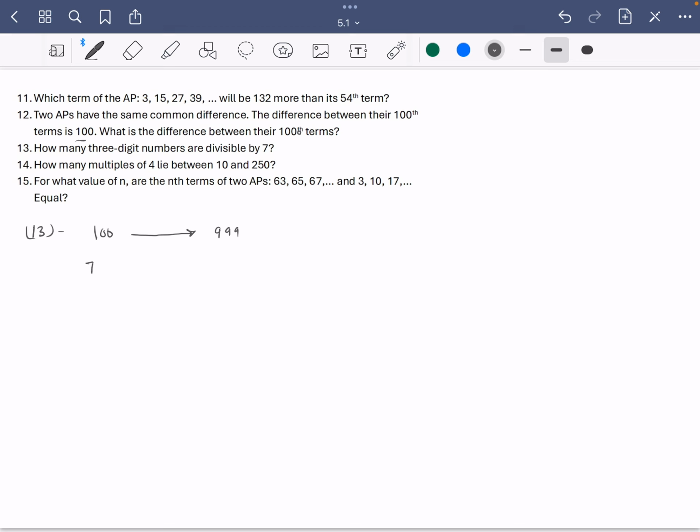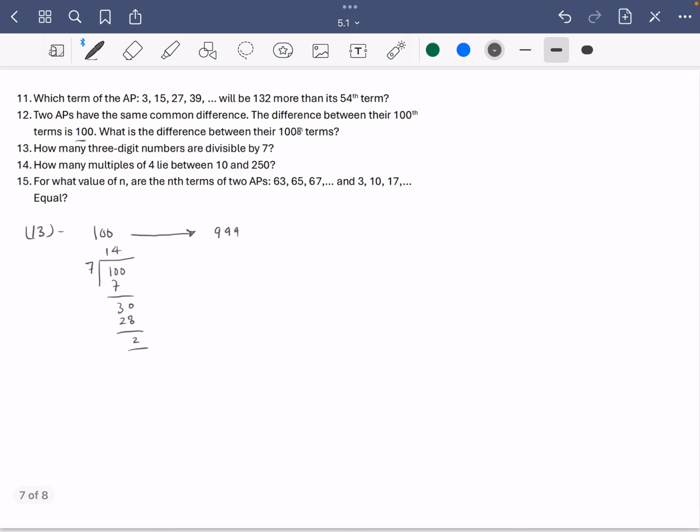So first we will divide 100 by 7. So this is going to be 7 times 1, 7, remainder 3. We put 0 here. 7 times 4, 28. Remains 2. So I have 2 more. If I subtract 2, then I'll get 98, which I do not want because it will be a 2-digit number.